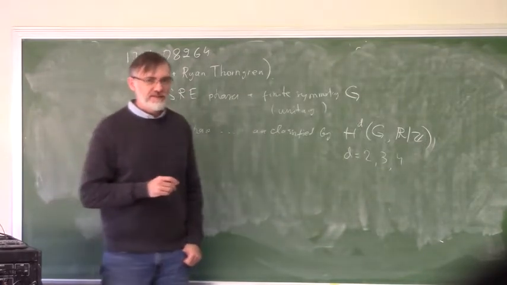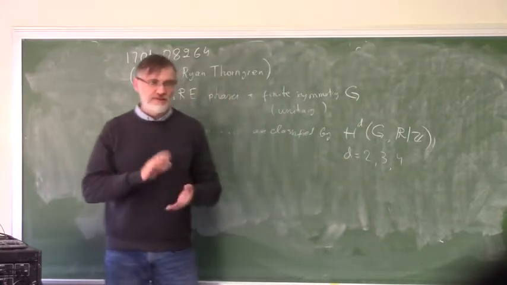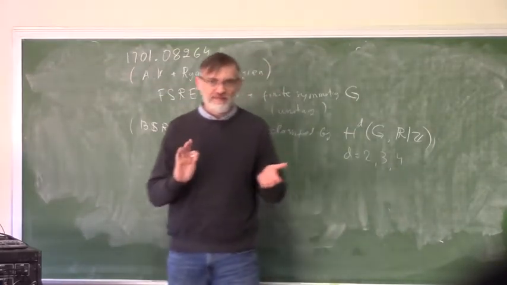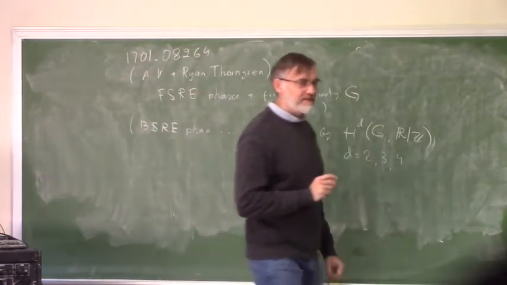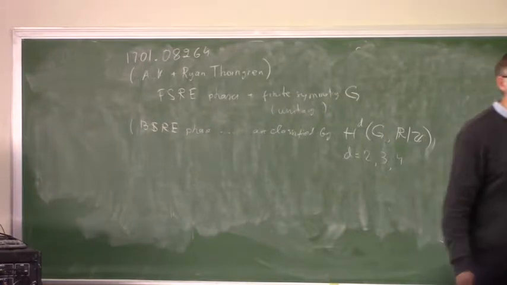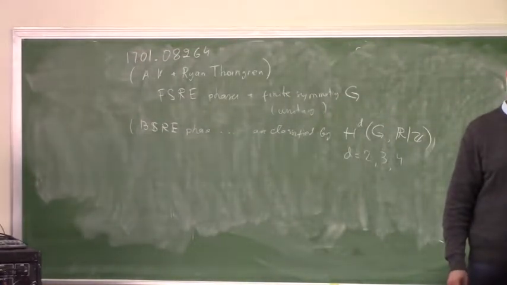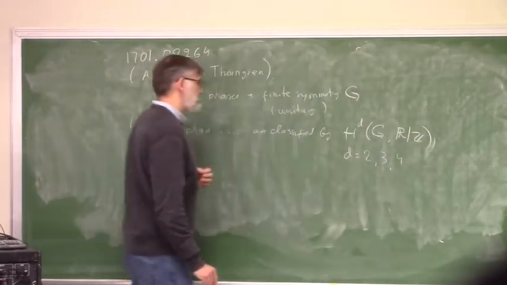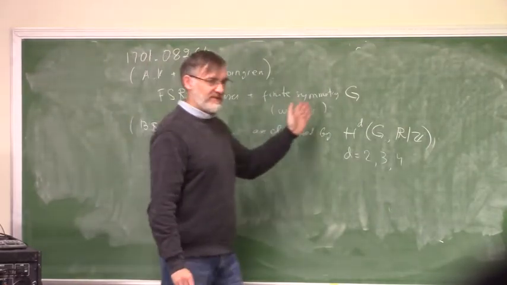In 5 dimensions, there is some bosonic phase, even for a trivial symmetry group, which is short-range entangled and different from the trivial one. I'm assuming finite symmetry, first of all.